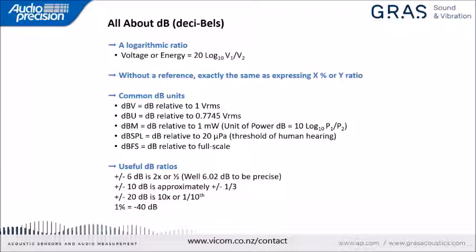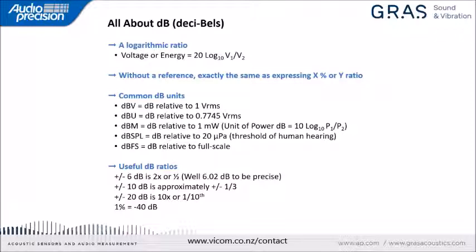Now the other thing to be aware of with dBm is that it comes from the days when analog electrical audio signals traversed 600 ohm terminated circuits, and so it expressed actual energy dissipated into 600 ohms.